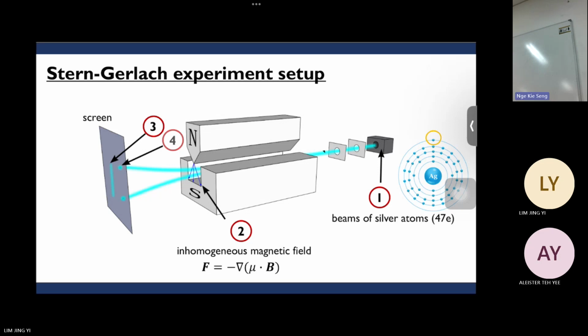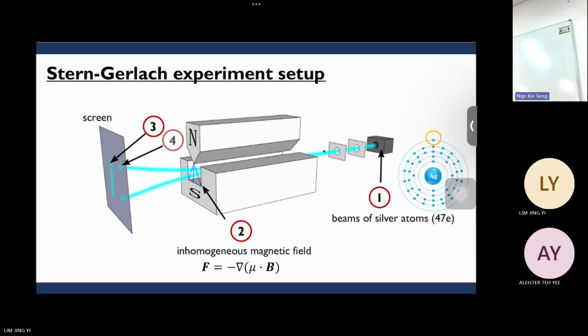So look at the third point. This is the expectation that we should have in this experiment, because we have mentioned that the force is not a constant and it depends on the angle between the magnetic dipole moment and the external magnetic field, and the magnetic dipole moment is initially at any arbitrary direction.